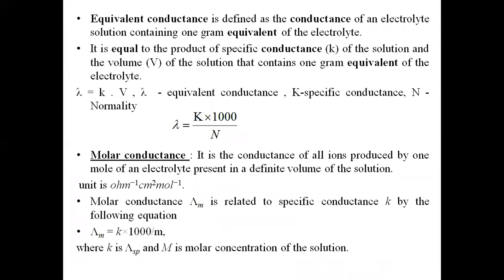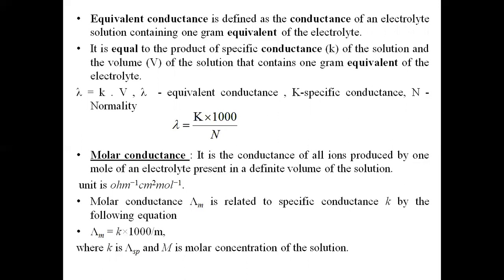Then next is equivalent conductance. The conductance of an electrolyte solution containing 1 gram equivalent of electrolyte is known as equivalent conductance, expressed as lambda, which is equal to K into V, where K is the specific conductance, or lambda is equal to K into 1000 by N, where N is the normality.